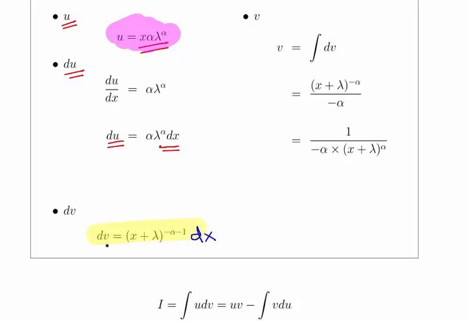And when we integrate dv to find v, we end up with (x plus lambda) to the power of minus alpha divided by minus alpha. So that can be re-expressed as follows: 1 over minus alpha times (x plus lambda) to the power of alpha.